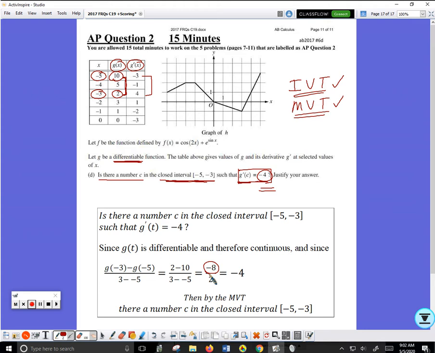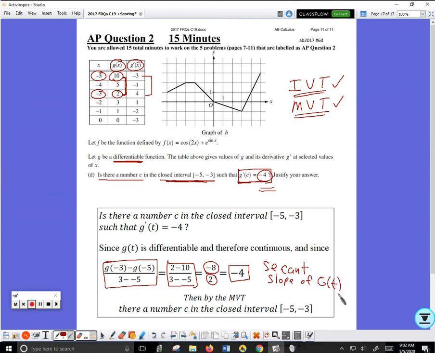Okay, so I'm paying attention to the secant slope on G, and I notice a drop of 8 over a span of 2. That's a secant slope of -4. Secant slope on G. So secant slope on G of -4.